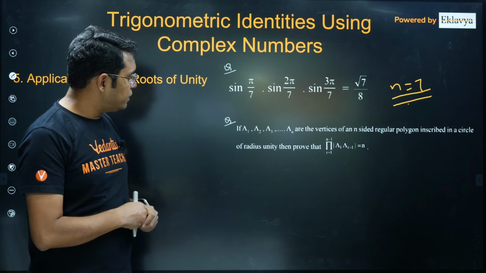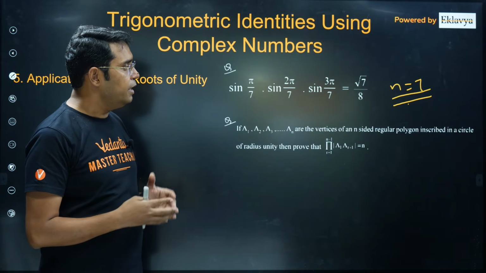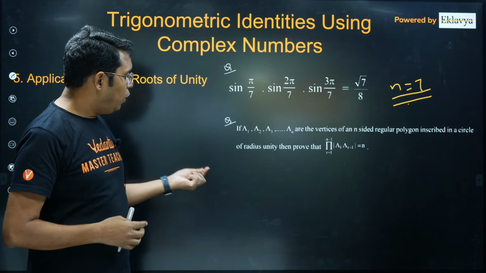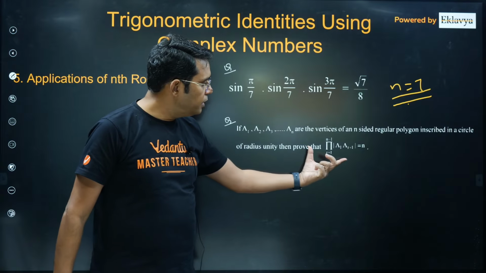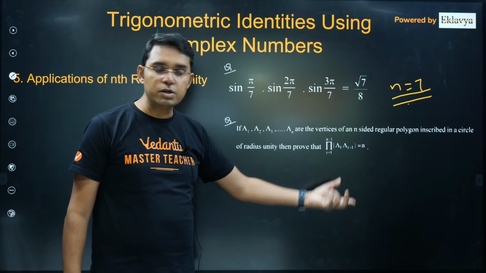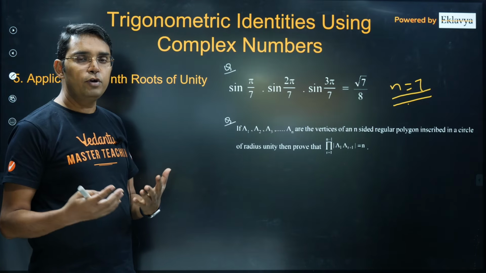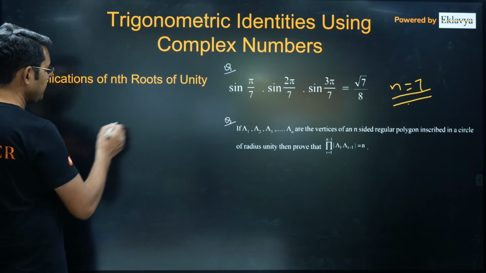Okay, now another question. A1, A2, A3 are the vertices of an n-sided regular polygon inscribed in a circle of radius unity. Then prove that the product of mod of A1 A(r+1) is equal to n. I think this is also directly based on nth roots of unity. How? Please see.